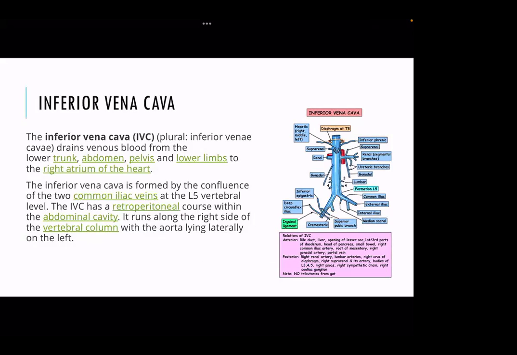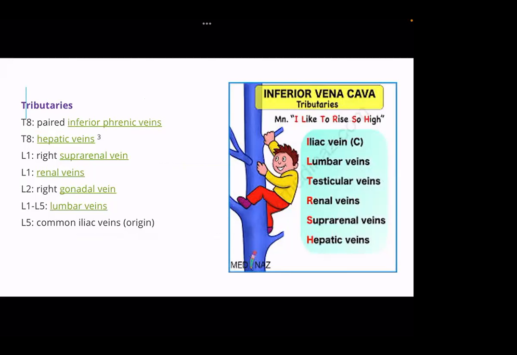It runs along the right side of the vertebral column with the aorta lying lateral to it on the left. The tributaries of the IVC: at T8, the phrenic veins and the hepatic veins; at L1, the suprarenal and renal veins; at L2, the gonadal; from L1 to L5, the lumbar; and finally at L5, the common iliac veins.